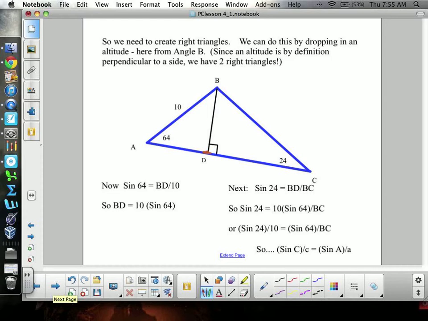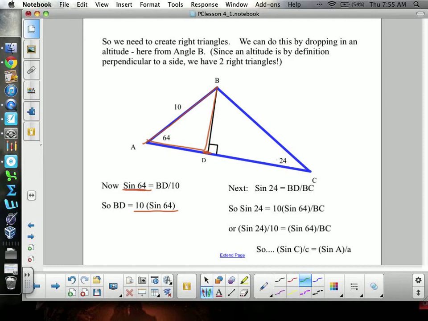Fantastic. Now sine of 64 is opposite BD over hypotenuse 10 in that right triangle. So sine of 64 is BD over 10, so BD is 10 times the sine of 64. That's not hard to figure out.